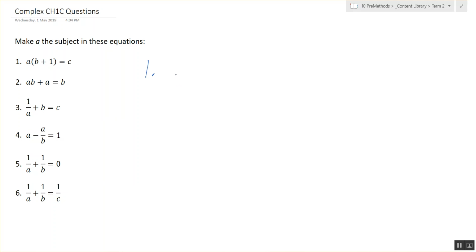we have a bracket b plus 1 equals c. When we have a bracket b like this, there is an invisible times in between. Now to get a by itself, or to isolate a, we need to do the opposite of times, which is divide.